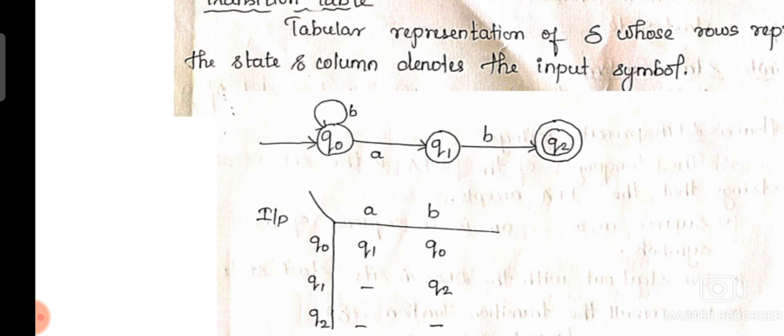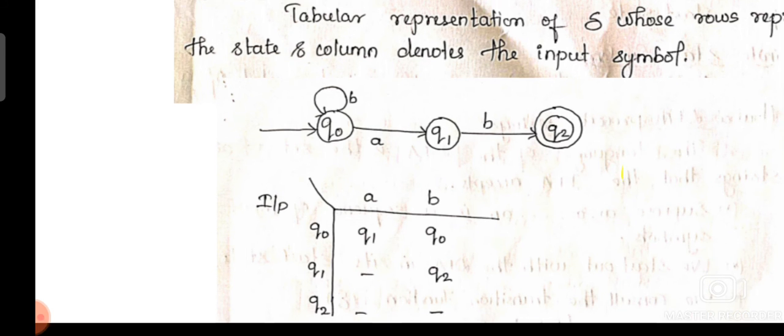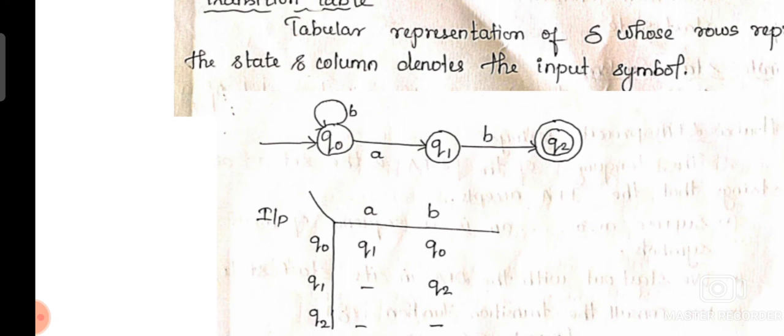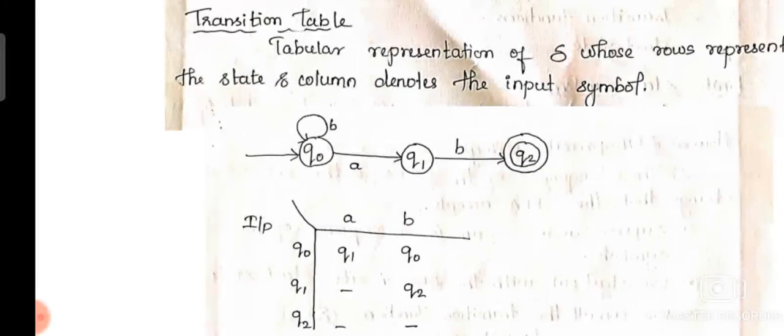So in the diagram we can see there is a self loop from q0 to q0 by consuming the input symbol B. And another example, q1, when applying B to q1 we are getting q2, and so on. In this way we have to represent the deterministic automata system with the help of the transition table.